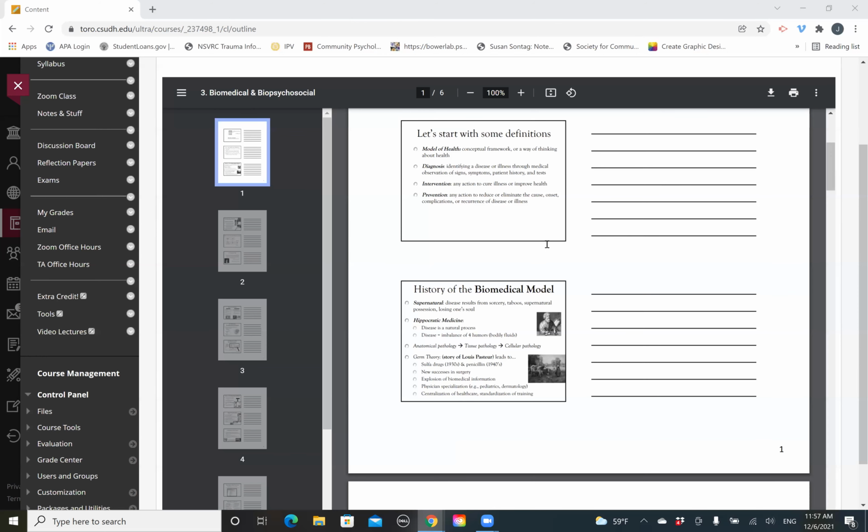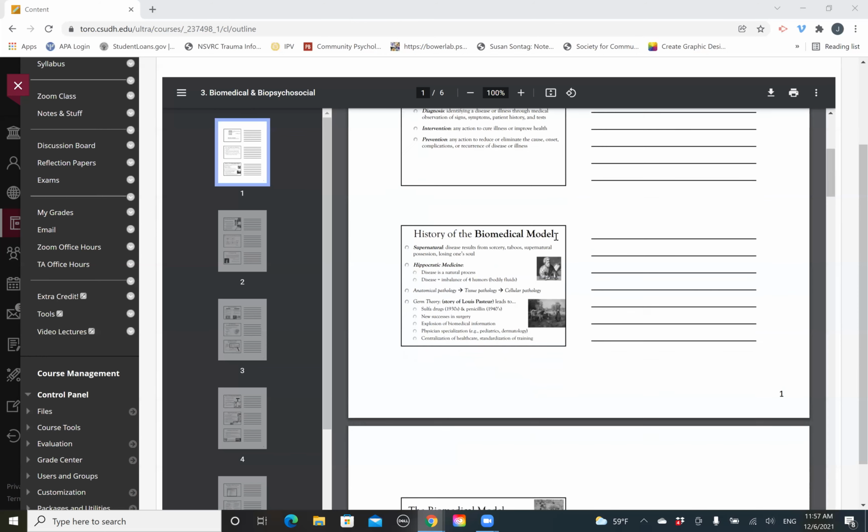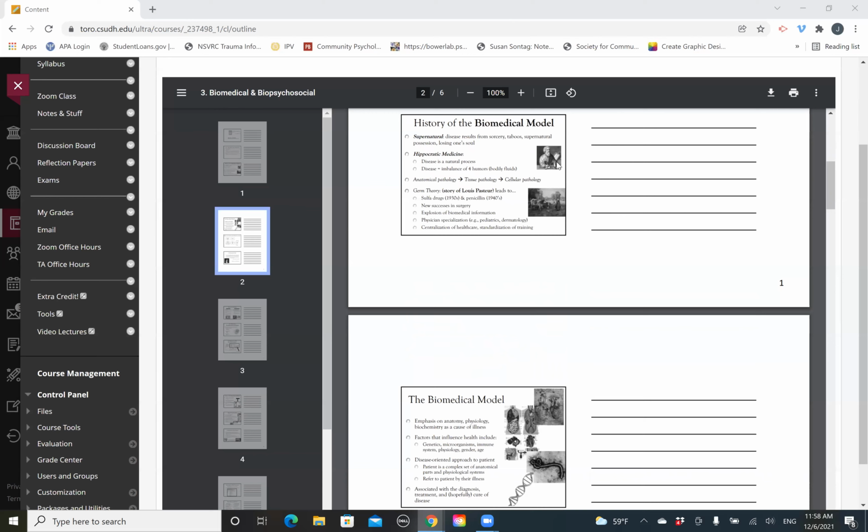What we're looking at is that the real big change occurred with germ theory. So the story of Louis Pasteur, you know, pasteurization. Everything now is pasteurized, which is why when you're pregnant, you can't eat soft cheeses that aren't pasteurized.